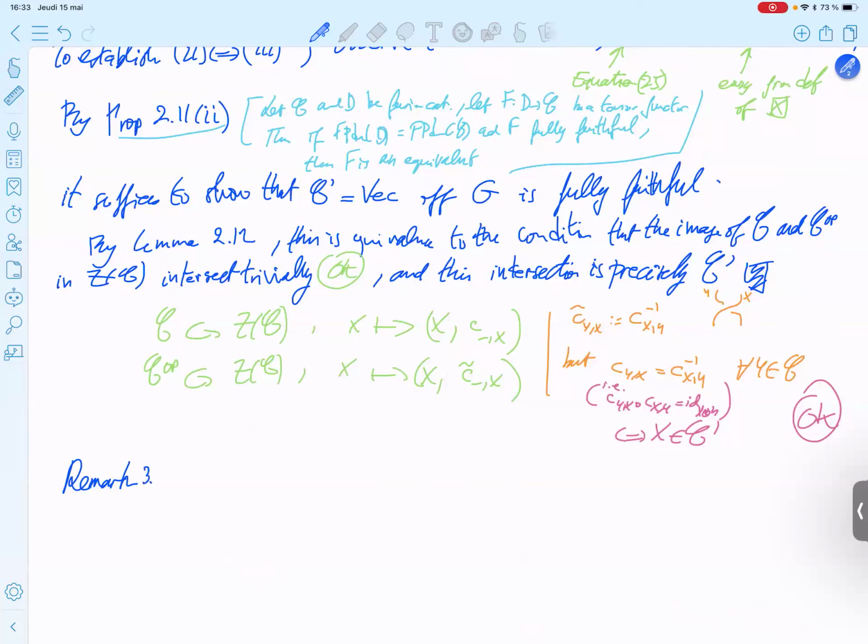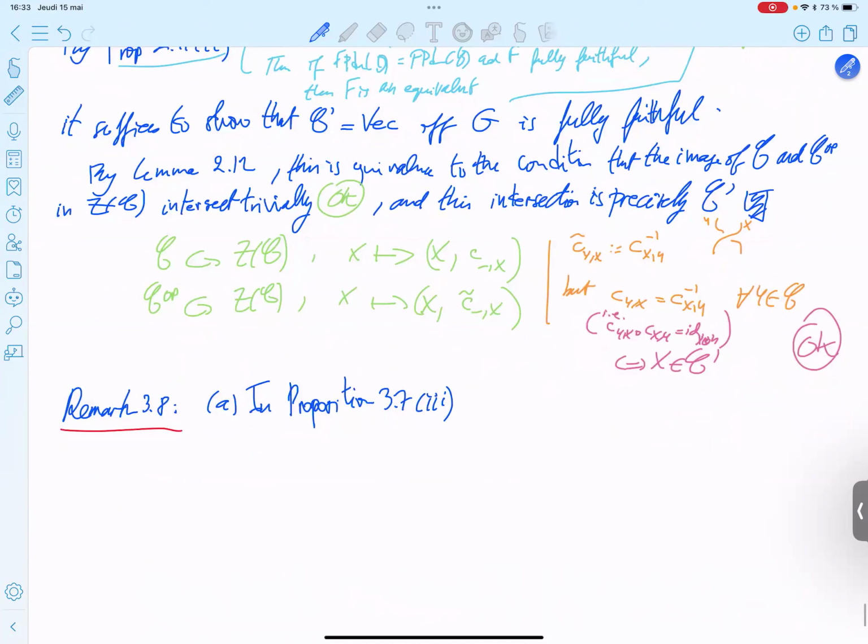Remark 3.8 A. So in the previous proposition, third point, regarding factorizable, existence of G is evident since the embeddings of C and C op centralize each other.